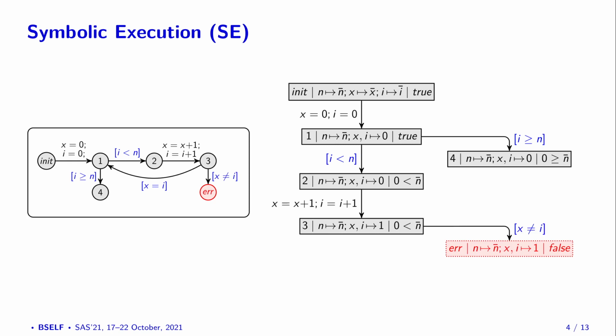At this point, we are asked to evaluate the condition x is not equal i, which is not satisfiable in the current state, and therefore this edge cannot be taken, and this path is infeasible, which is highlighted by drawing that state dotted. This way, we continue generating symbolic execution states until we can.